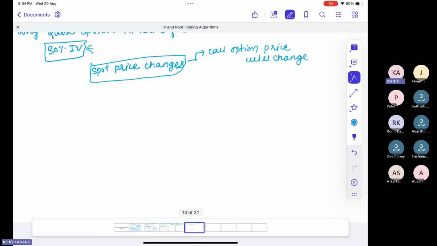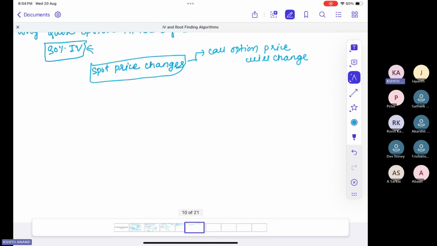If I and you discuss that I'm buying this call option from you at 100, at the moment the spot in the market changes, the call option price will change, because the call option price is a factor of the spot price itself. So I and you will not be able to transact.